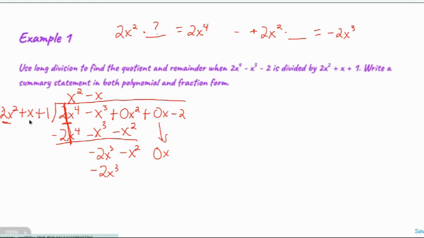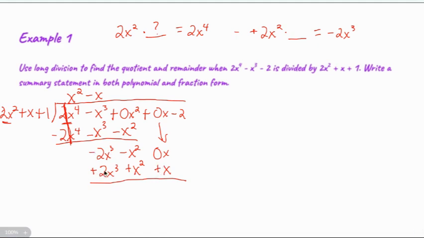And then follow through with the remaining terms. We got x times negative x. That's negative x squared. And then 1 times negative x. That's negative x. I'm starting to notice a pattern here. Now, all these are negative. When I subtract a negative, I end up with positive. So I'm actually just going to switch these to plus signs to now remind me to add.